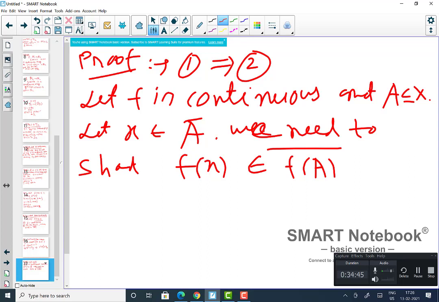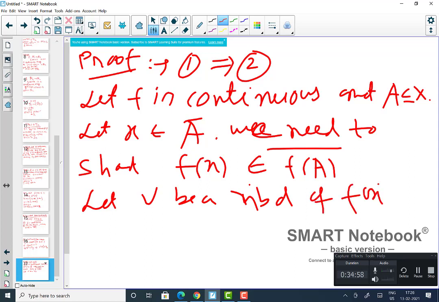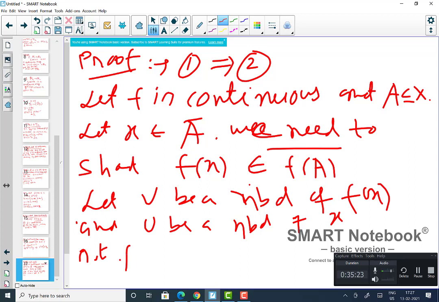It means if we have an open neighborhood of f of x, so let V be a neighborhood of f of x, then you have an open set U, a neighborhood of x, such that f of U is sitting inside V. This is given to me, because the function is continuous.